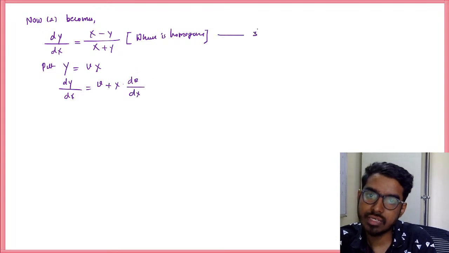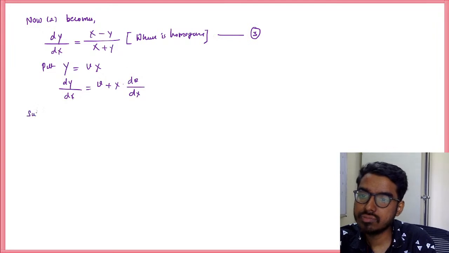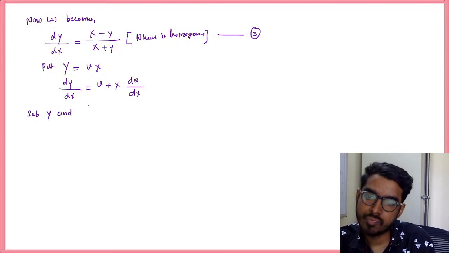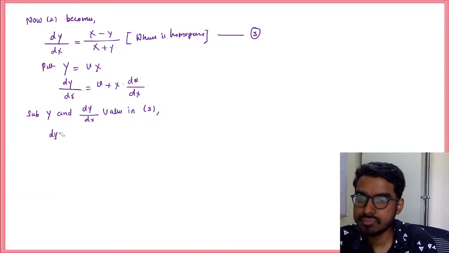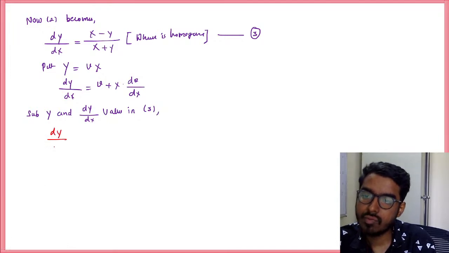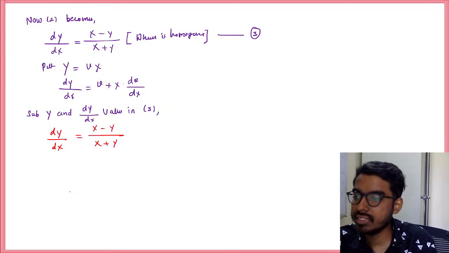Let's call this as 3. Substitute capital Y and dY by dX value in equation number 3. So we have dY by dX is equal to X minus Y divided by X plus Y, right?